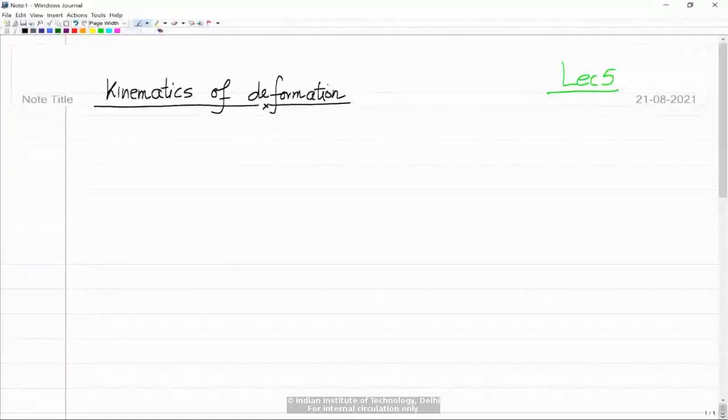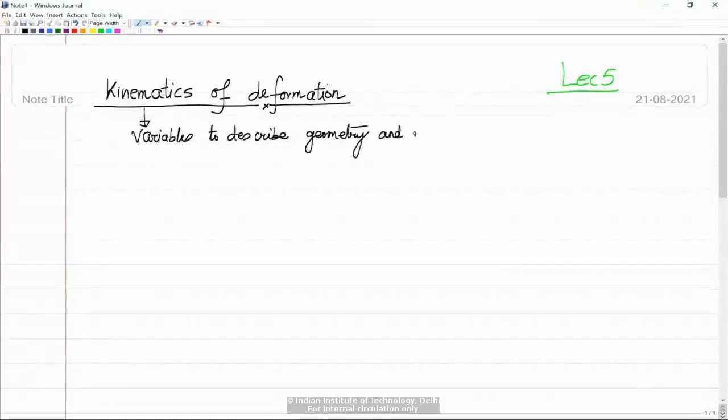So by kinematics, it means we are going to talk about variables which will be used to describe geometry of deformation for a continuum body. Okay, so we are going to talk about variables to describe geometry and also motion of deformation.